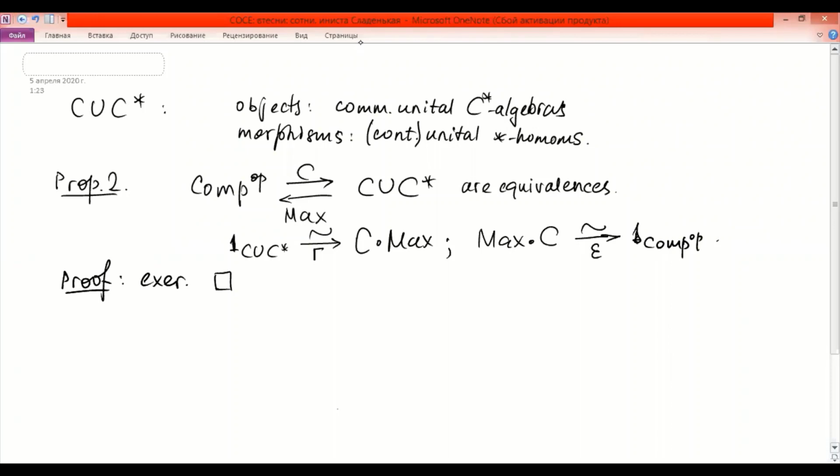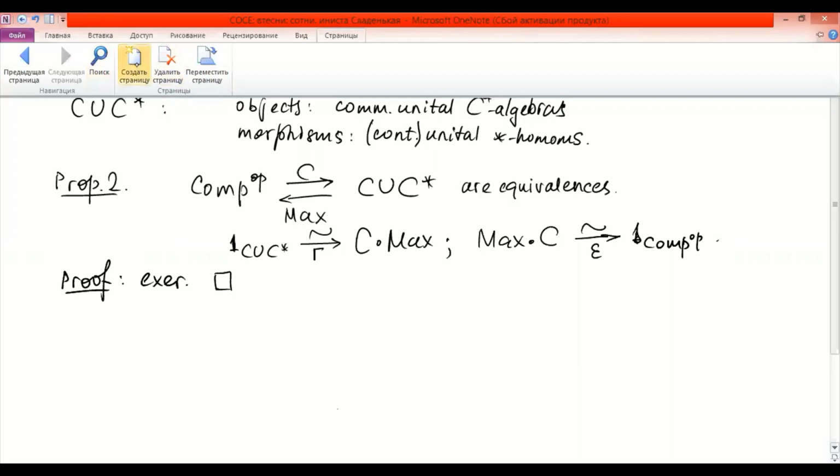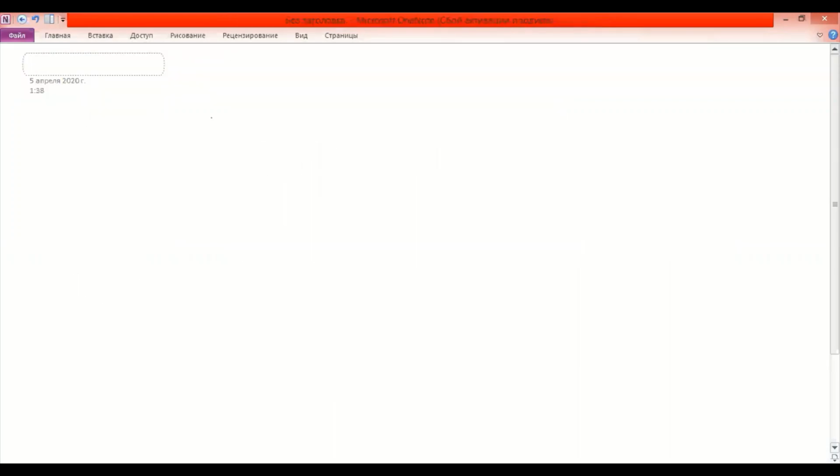Well, in conclusion, I'd like to say just a few words about the non-unital case. The non-unital Gelfand theory. There are many important reasons to consider non-unital algebras.